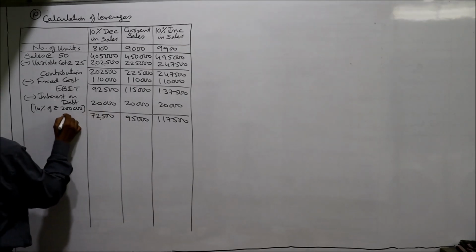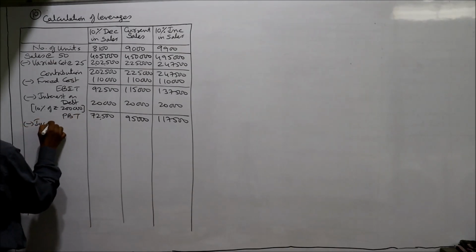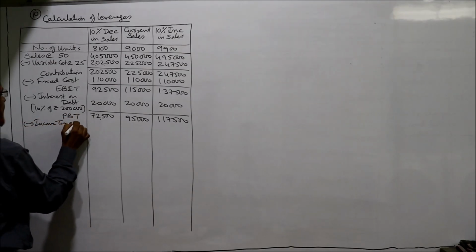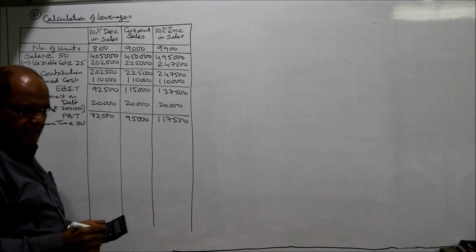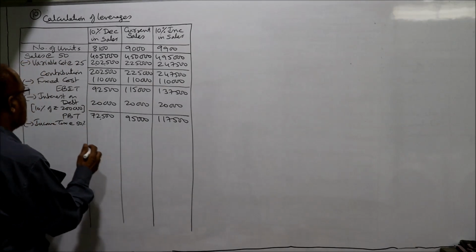This is called PBT, less income tax at the rate of 50%. Is it 50%? Yes, the firm is taxed 50%.